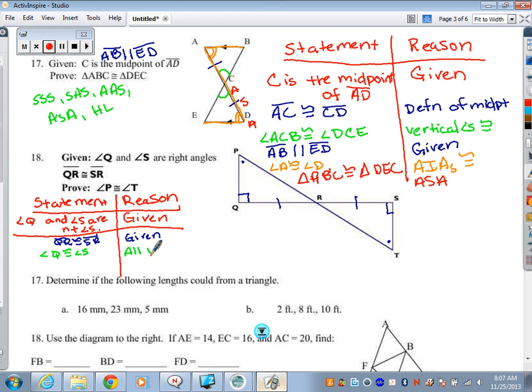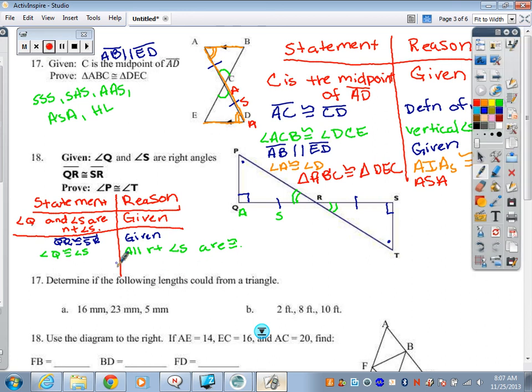All right angles are congruent. So now we know Q is congruent to S. So this is an angle and this is a side. Again, side, side, side would not be appropriate here. Can we prove another angle or PQ is congruent to ST? We don't know anything about PQ or ST. But we do know that this angle right here is congruent to this angle.